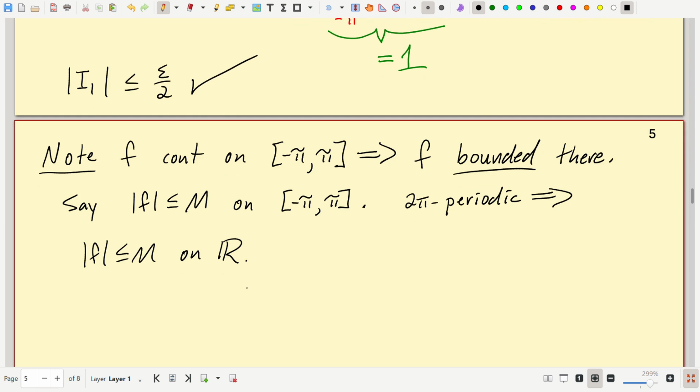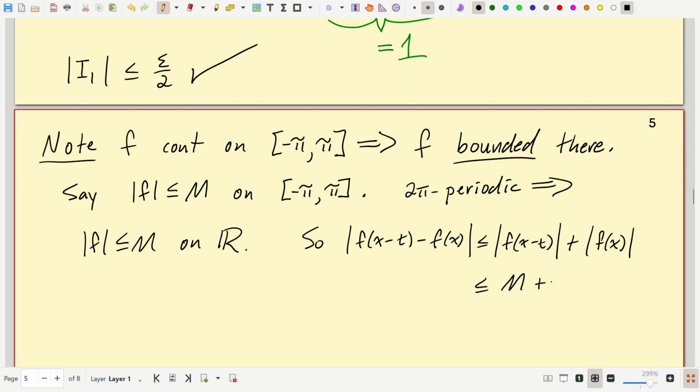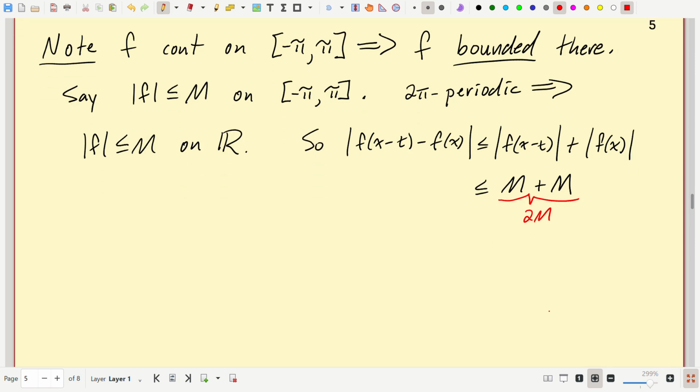Okay, so in particular, let's estimate: the absolute value of f of x minus t minus f of x would be less than or equal to absolute f of x minus t plus absolute f of x, and that's less than or equal to M plus M, equals 2M. I'm going to use that in a minute.